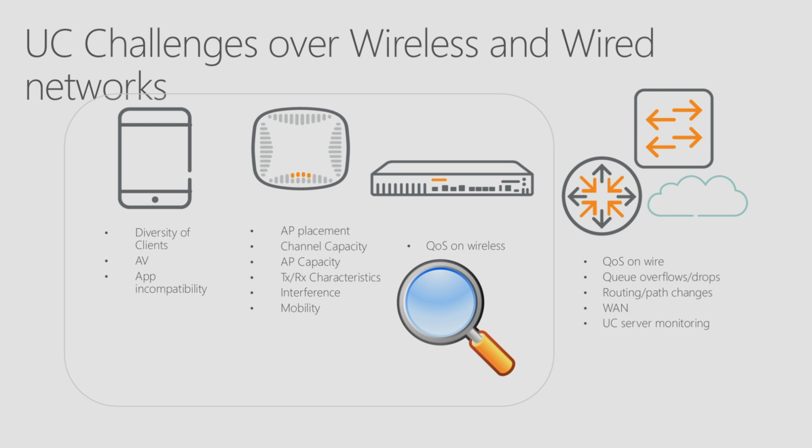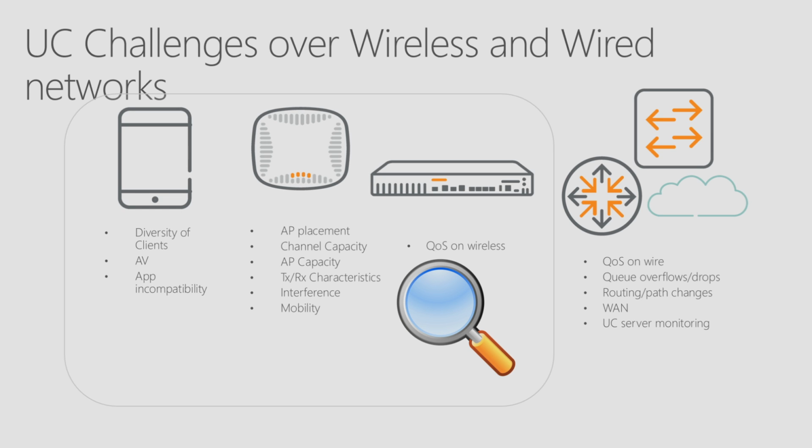The second component is the access point itself. Wi-Fi is a shared medium, and many devices are there. There can be Wi-Fi and non-Wi-Fi interference. One example of non-Wi-Fi interference is the microwave, or some other devices. Then there might be channel congestion. One access point can handle only so many calls or devices, so there might be a problem there.